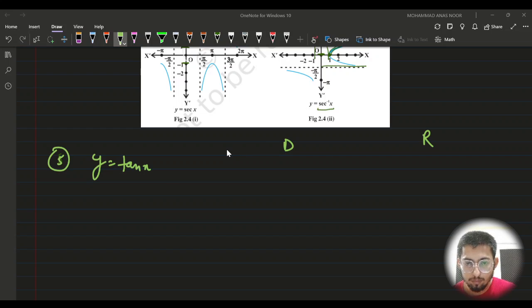It is the set of real numbers, but there is an exception, I think. x in R, except x cannot be equal to what? Odd multiples of pi by 2, because tan 90 is infinity, right? And what is the range? It is the real numbers, isn't it?